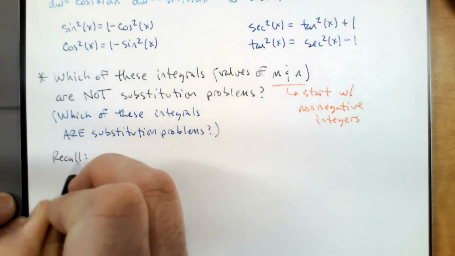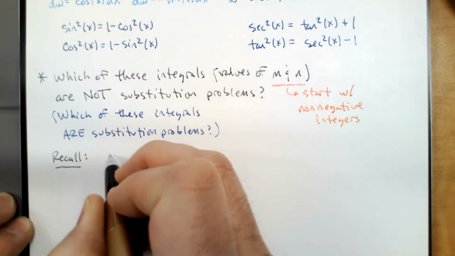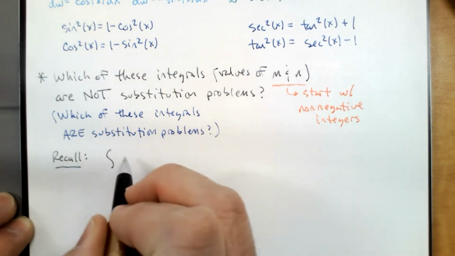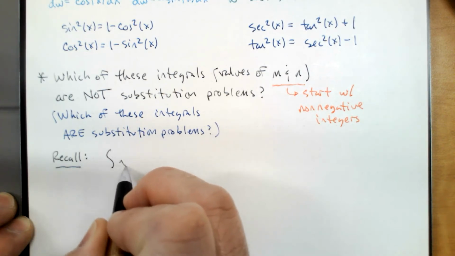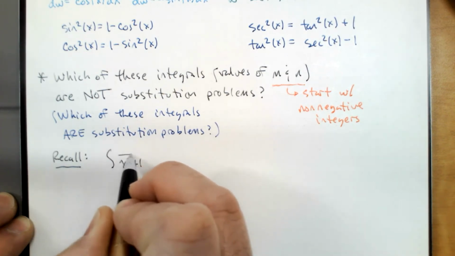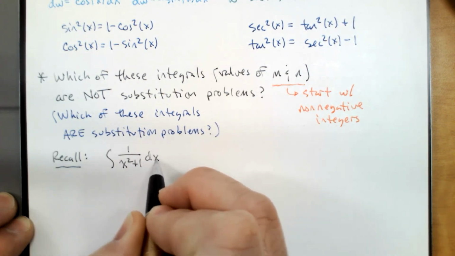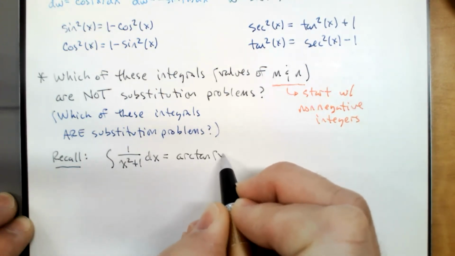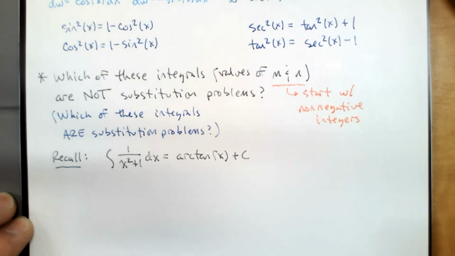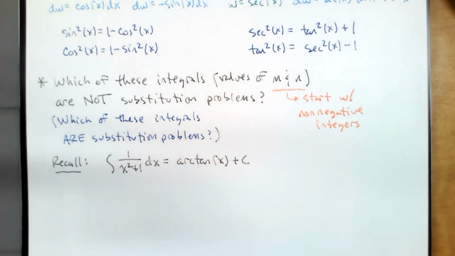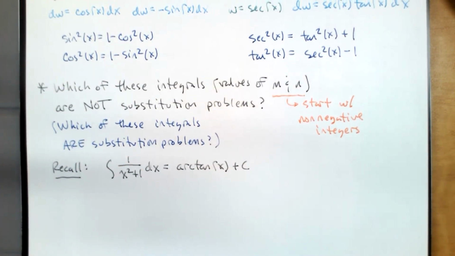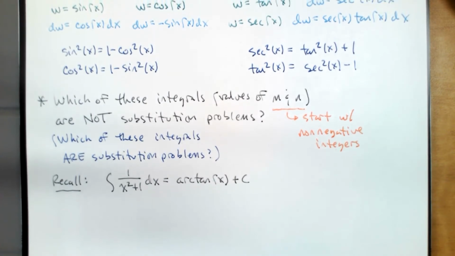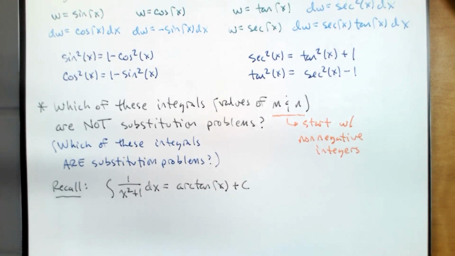If you would recall, we integrated some integrals. This is one of our base model integrals. The integral of 1 over x squared plus 1 is arctangent x.